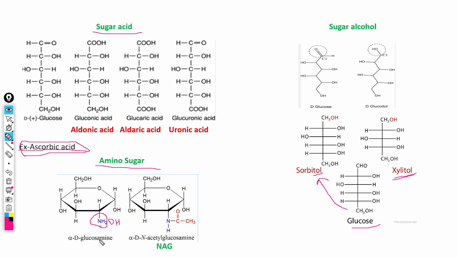So that's why it is called glucosamine. Sometimes to this amine group one COCH3 group is added. That is called the acetyl group. That means an acetyl group is attached. So now it is called acetyl glucosamine, or simply the short form is N-acetyl glucosamine or NAG.